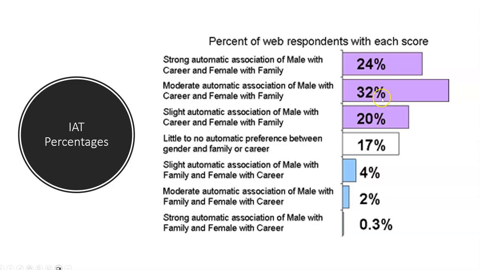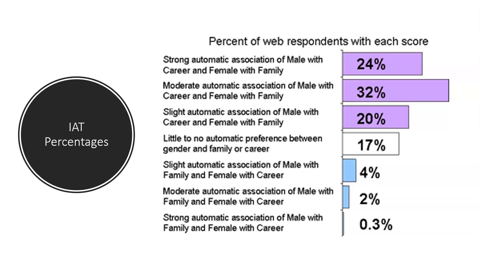So if you combine those, you've got a whopping 56% who have an automatic kind of association that connects masculinity with career and femininity with family. Those are beliefs that are consistent with traditional gender role norms in U.S. culture.